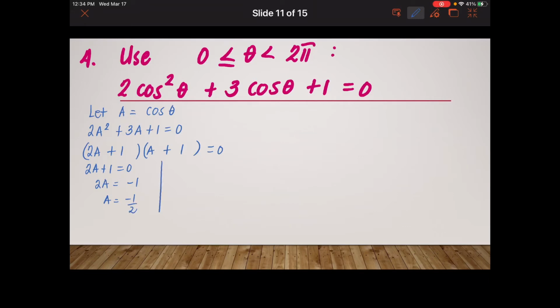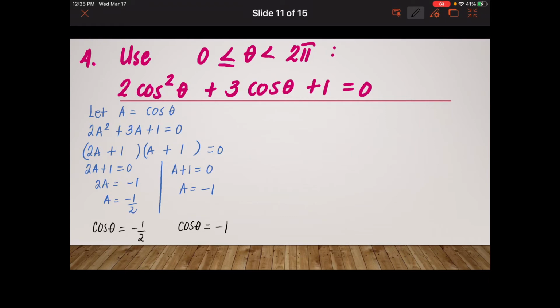And the other factor is a plus 1 equals 0. So a is equal to negative 1. After getting this, we just substitute back cosine theta. So cosine theta is equal to negative 1 half. Then the other one is cosine theta is equal to negative 1.